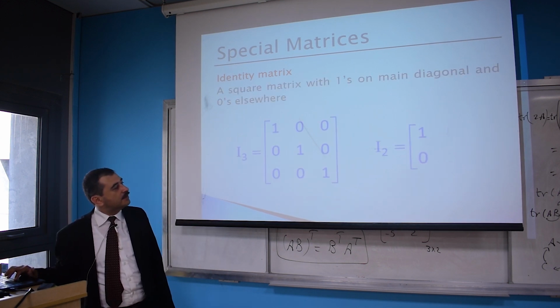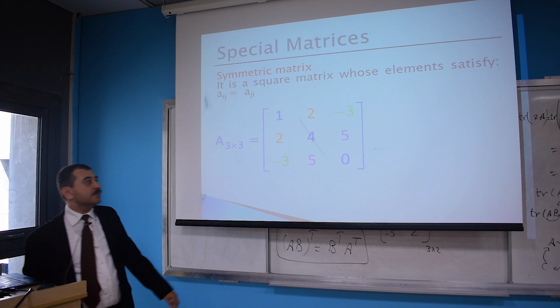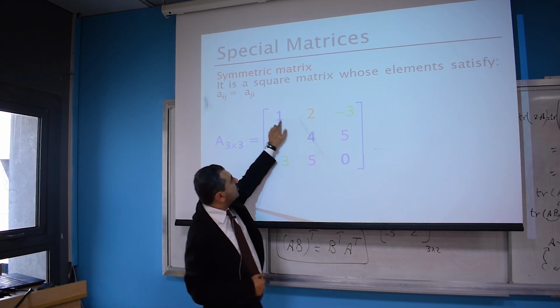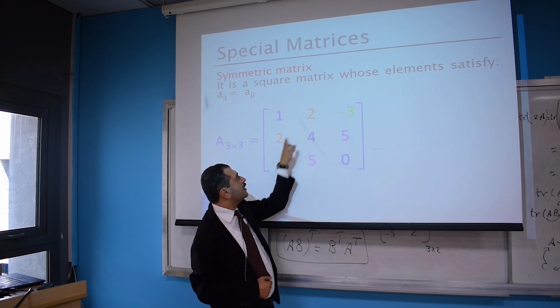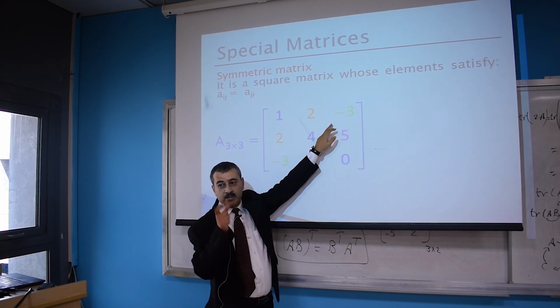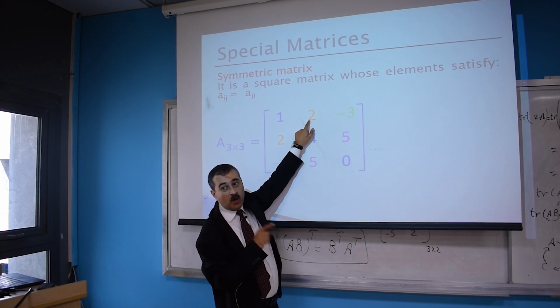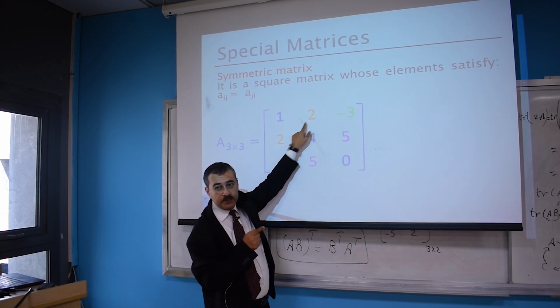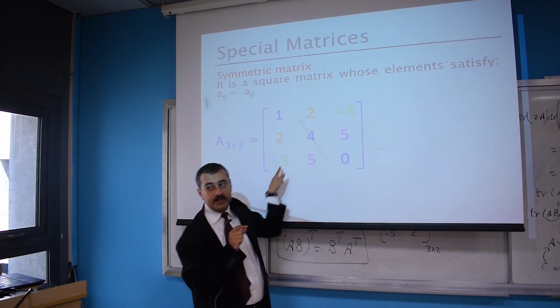Like I3, I2. Now, if you remember the symmetric matrix, you have some symmetry around the diagonal. These guys are equal. So you can write it in symbols as A12 equals A21 and A13 equals A31.